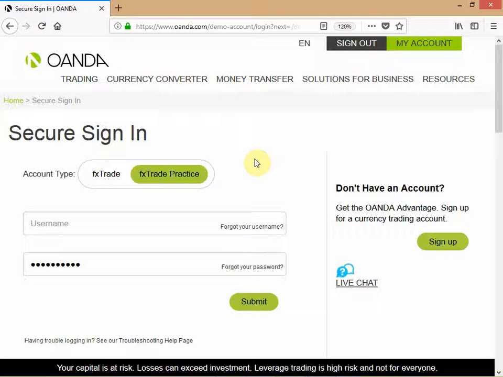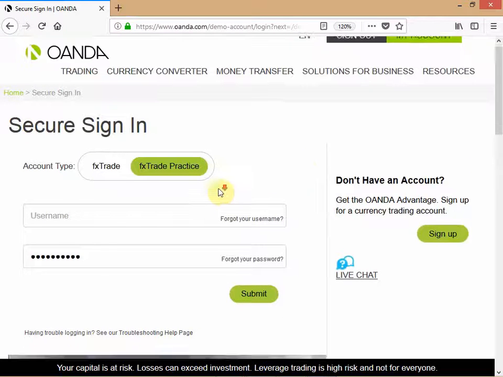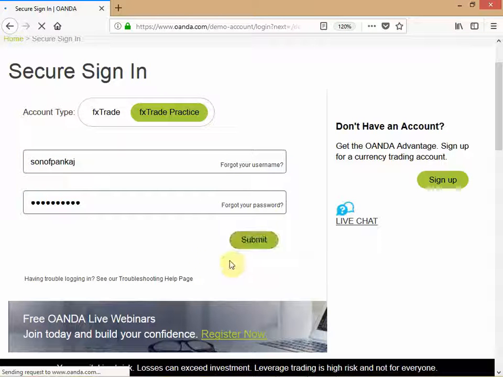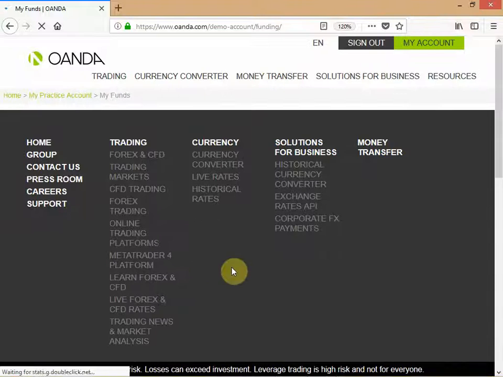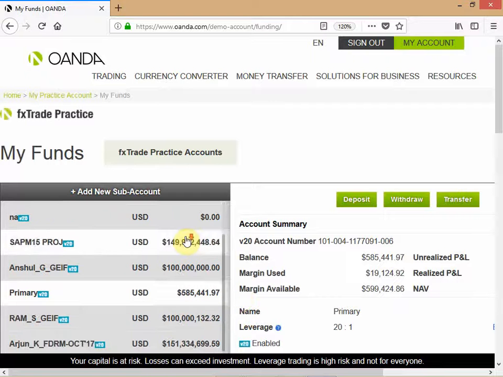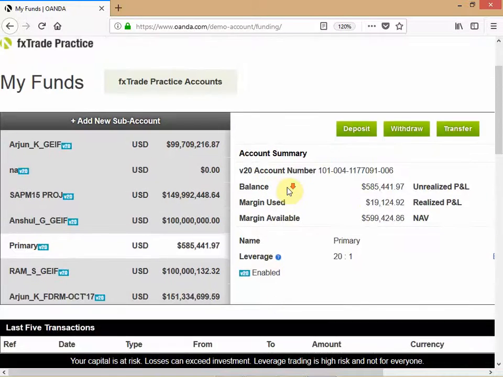So we got this opening here, secure sign in. Why is it asking me to sign in again? Because you opened the new account, download it again. No, it's created server. That is okay. So you have all these sub accounts, FX trade practice accounts. These are all previous accounts.